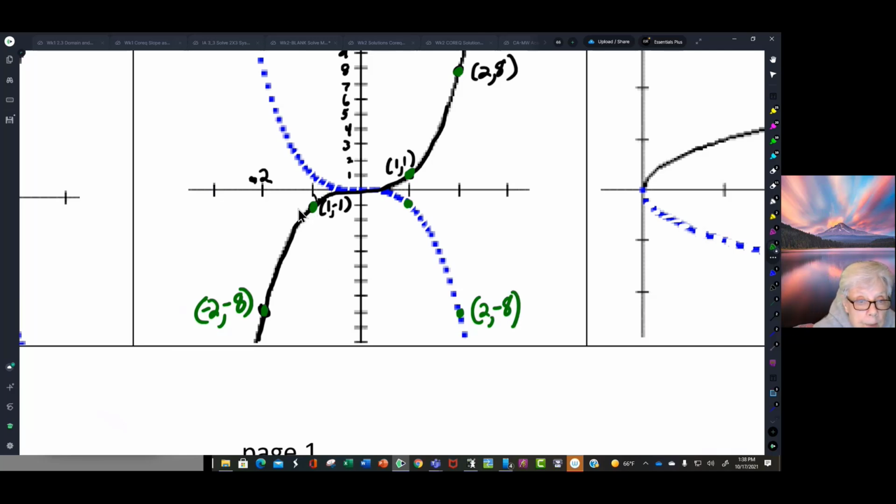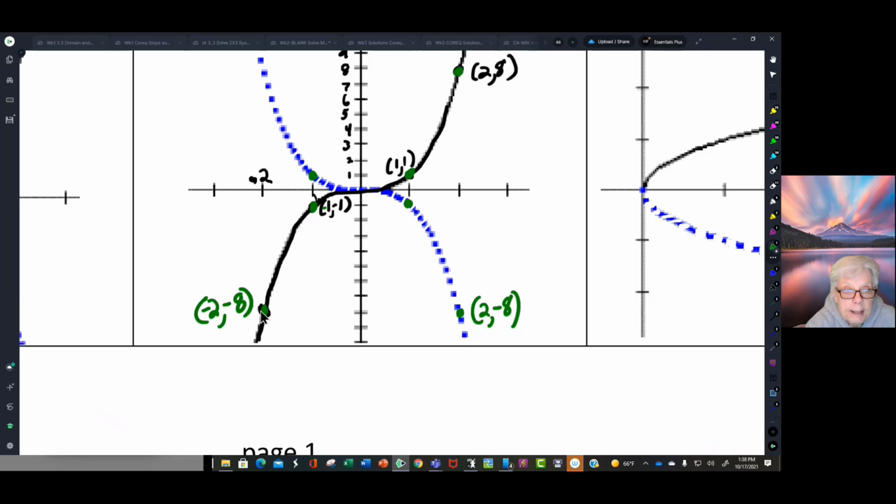And over here, over here, 1, negative 1, that's a negative, negative 1, negative 1. Well, x will stay negative 1, but now negative 1 multiplied by negative 1 is positive 1.